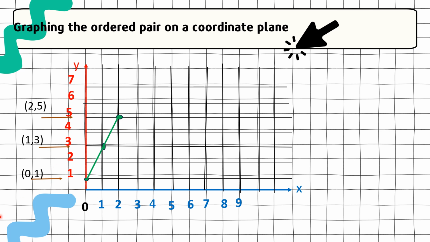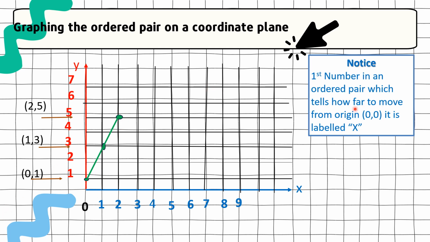Now, let's notice something. This is the answer to the question I asked you: why I didn't use half, one, one and a half, or other orderings on the x-axis. Why did I write 1, 2, 3, 4, and 5? Because the first number in an ordered pair tells us how far to move from the origin. It is labeled x, so based on the x values, I draw the x-axis.